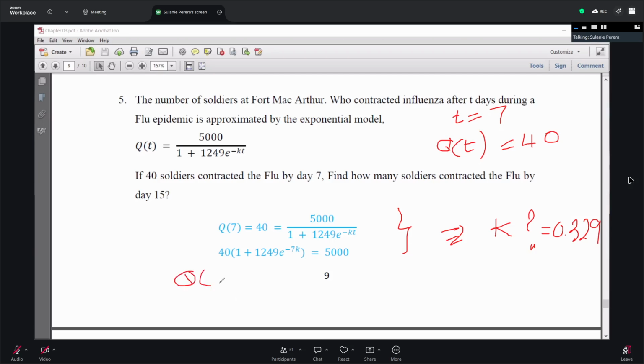So Q at day 50 equals 5000 divided by 1 plus 1249 e to the power minus 0.329 into day 50, multiplied by 50. You get the answer. So how many soldiers have contracted the flu by day 50?